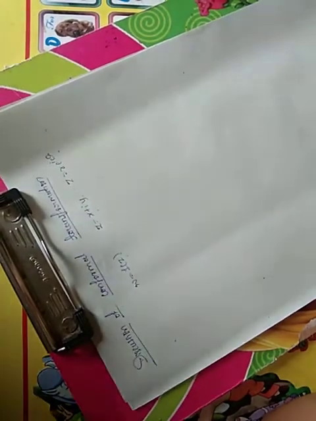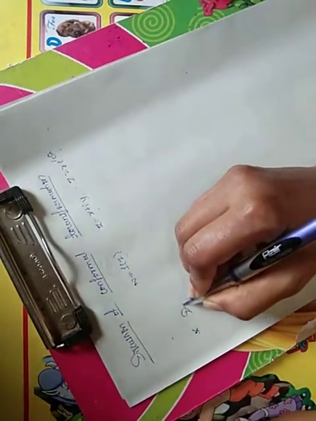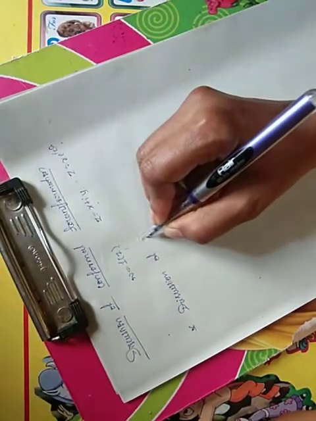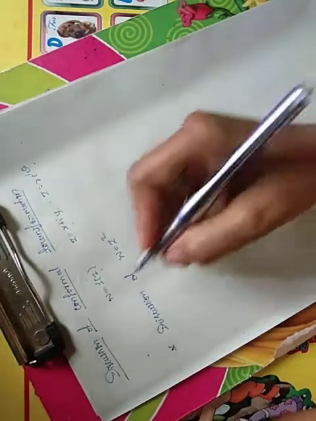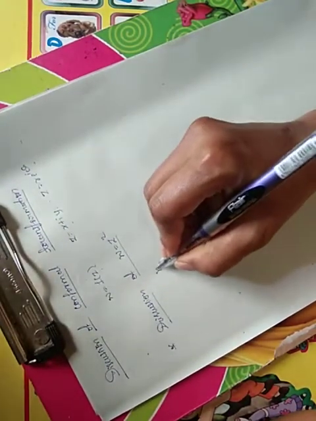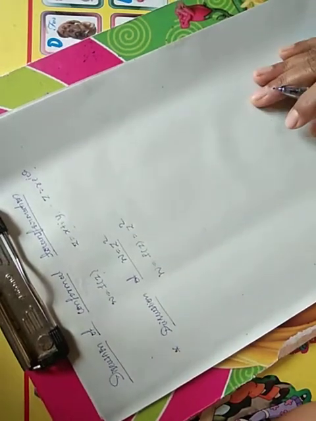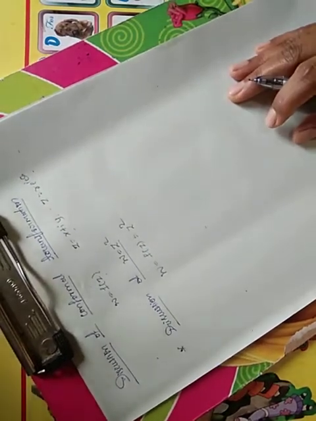The first one is the discussion of w equal to z square. In the discussion of w equal to z square, first we consider w equal to f of z equal to z square. First we move to the Cartesian form, and then we will discuss the polar form.